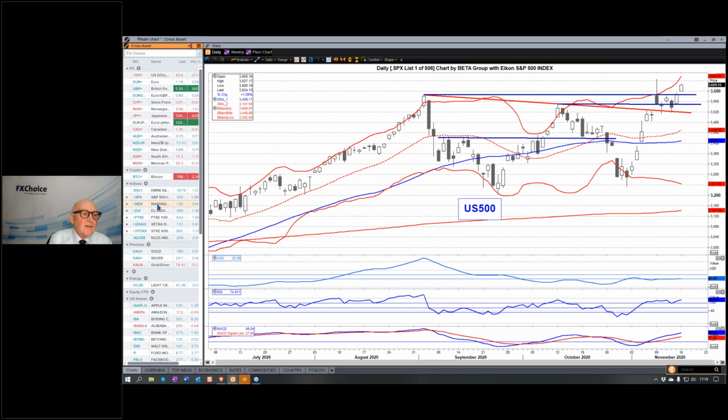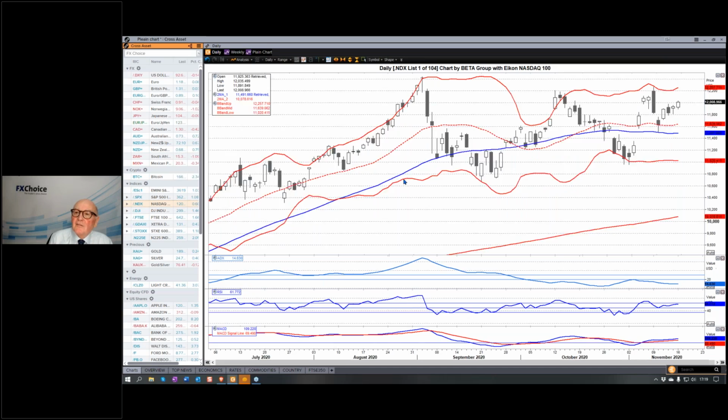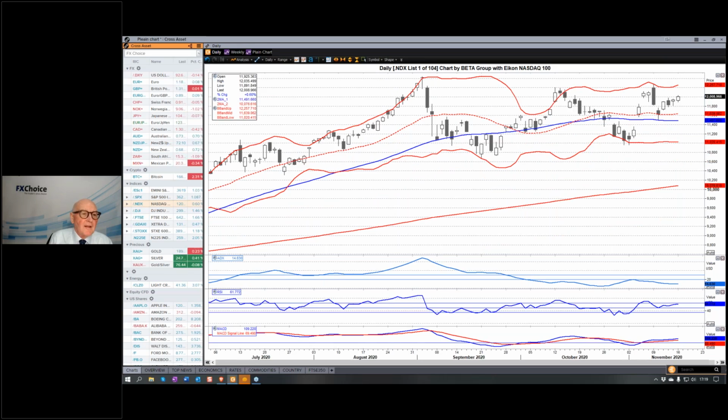But look at this, this strength is not across the board. This is the NASDAQ, the tech index, and it's not at new highs. And so we've got this rotation out of the tech stocks. This is a big change in the structure of the US stock market. The US stock market for years, literally for years, was driven by the FANG, a small group of stocks, which were the big drivers.